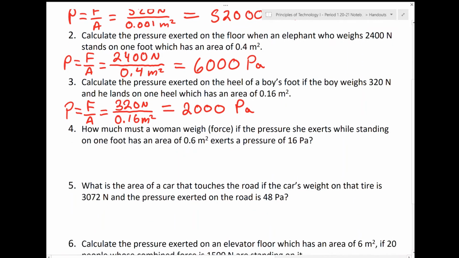Number 4 changes things a little bit and is asking how much weight, which is the force, will a woman weigh if the pressure she exerts while standing on 1 foot that has an area of 6/10ths of a square meter exerts a pressure of 16 pascals. So we're looking for force, so we want to use the part of the equation that says force is equal to pressure times area.